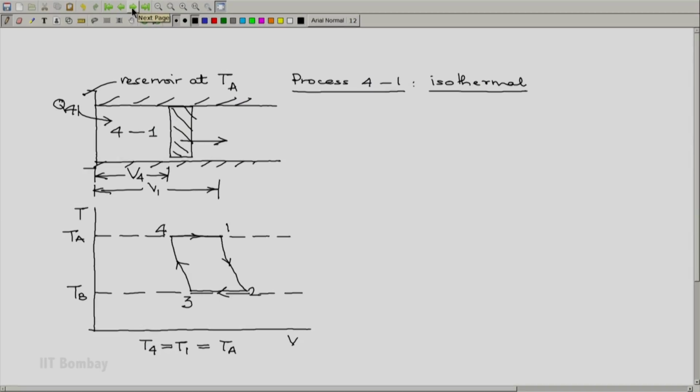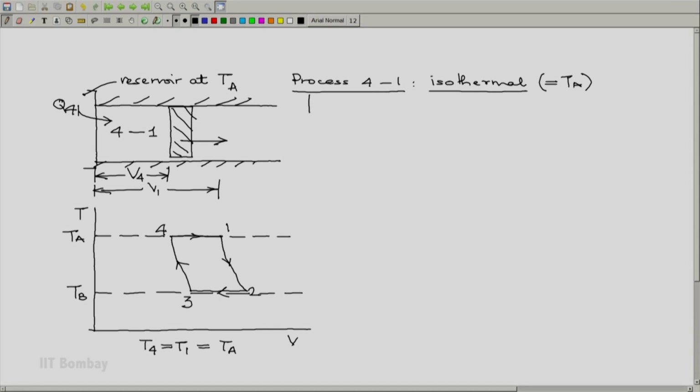Finally, let us look at the remaining process. The remaining process is process 4-1. It is an isothermal process where the system temperature is maintained at Ta, and it is an isothermal expansion process.